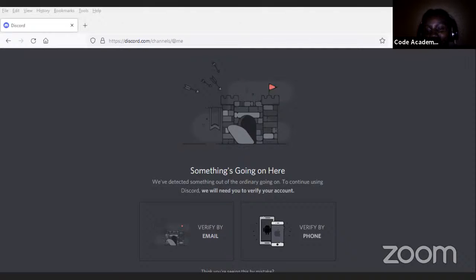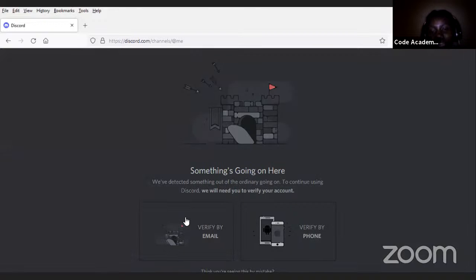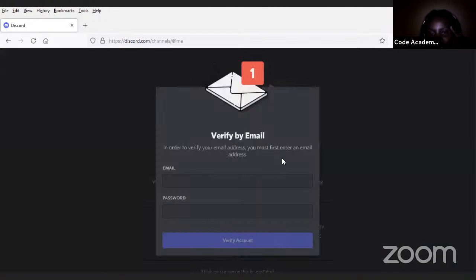So when it goes to this part, I think for your case, you're going to choose verify by email. So this is what each one of you is going to do. Oh, it worked. Fantasia, did it work? So click verify by email.